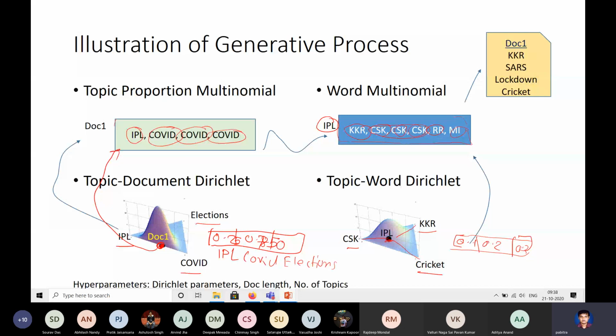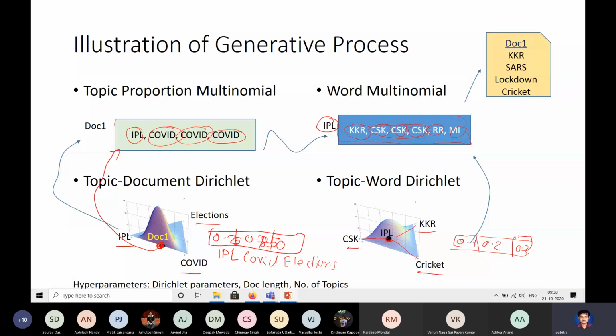So the IPL that I have chosen here is a point here, and that has some proportion. I create this box using that proportion of balls. Now I pick up a ball from this blue box of words.